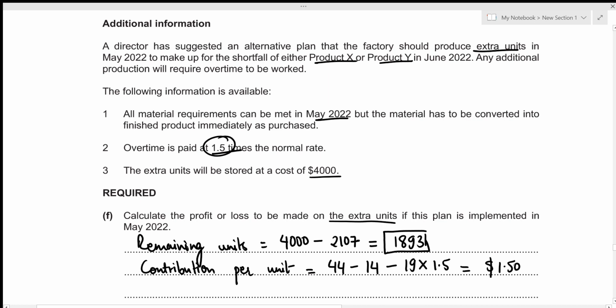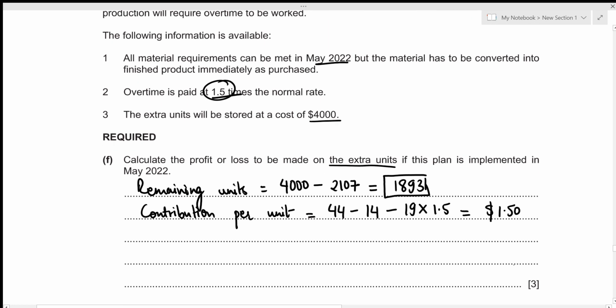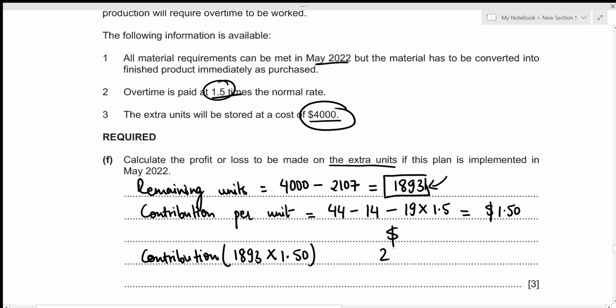So now we can easily figure out the profit, right? In order to figure out the profit, I'm just going to create a statement. We'll be starting with the total contribution. That's just the total number of extra units, 1,893, times the contribution per unit, which is 1.50, which gives our total contribution in this case to be 2,839.5.